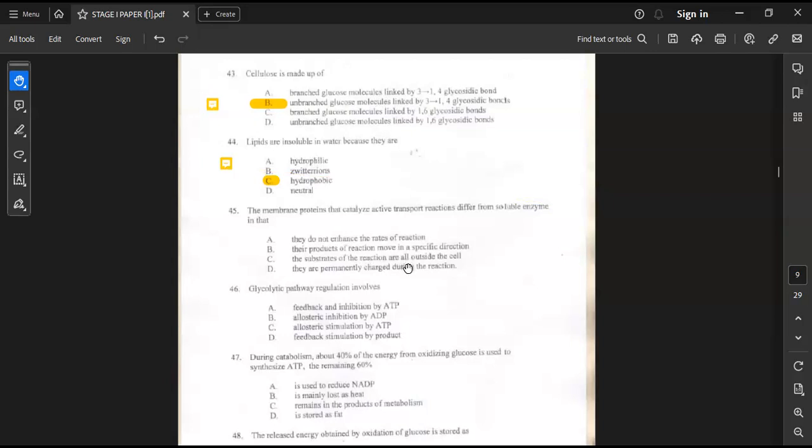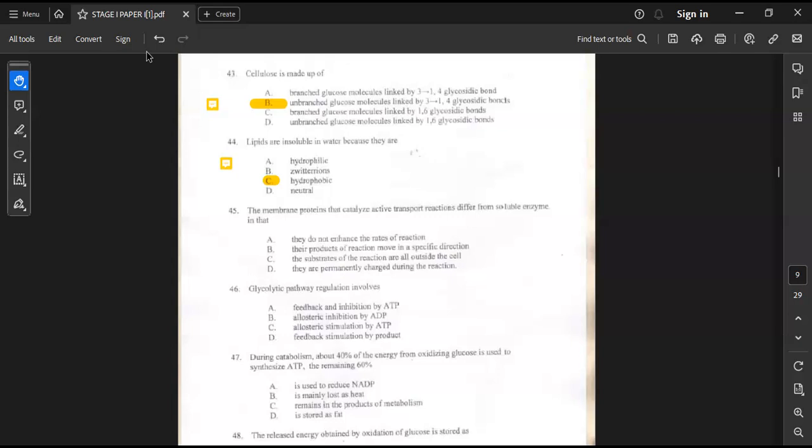Let me go with choice A, knowing that enzymes are the only things that enhance the rate of a reaction. But I don't know if they are permanently charged during the reaction, because when we are saying membrane proteins that catalyze active transport, a very good example is the sodium potassium ATPase.